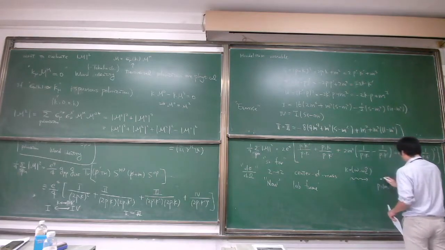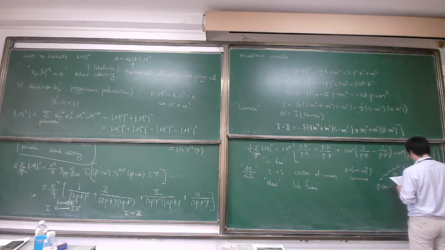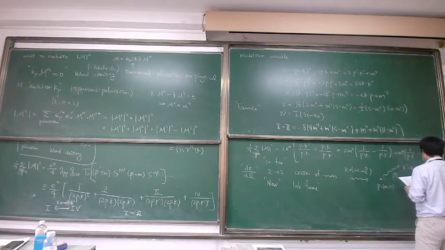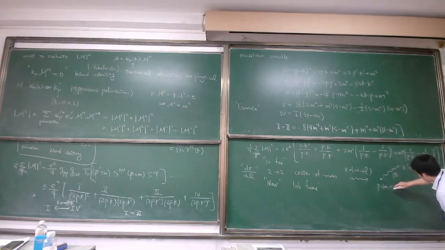And then the electron is mapped to p prime, which is equal to E prime and p prime, like this way.